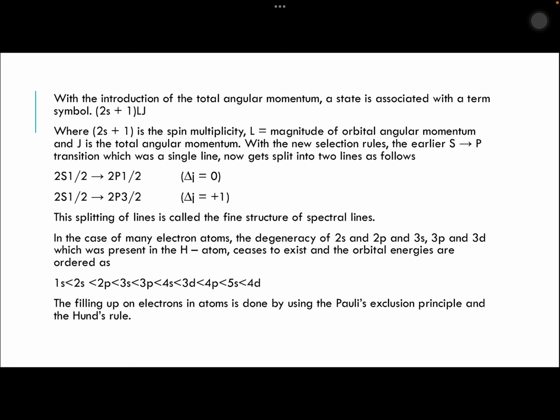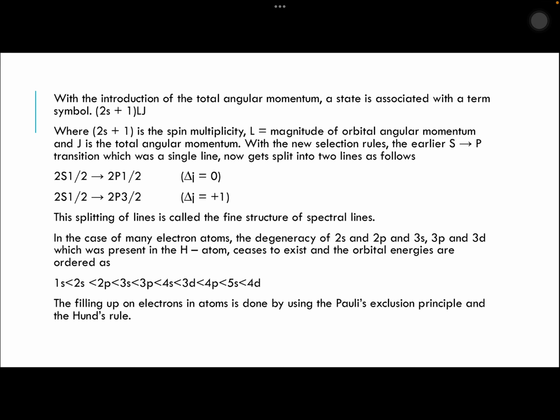With the introduction of total angular momentum, a state is associated with a term symbol, where 2S plus 1 is the spin multiplicity, L is the orbital angular momentum, and J is the total angular momentum. With the new selection rule, the earlier S to P transition, which was a single line, now gets split into two lines as follows.